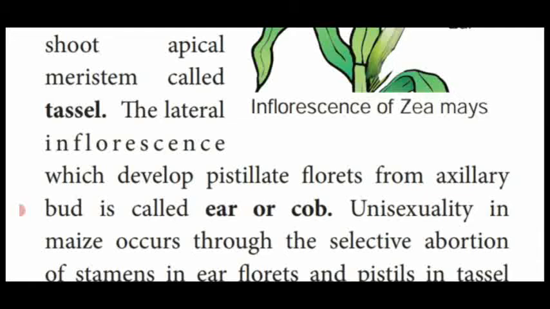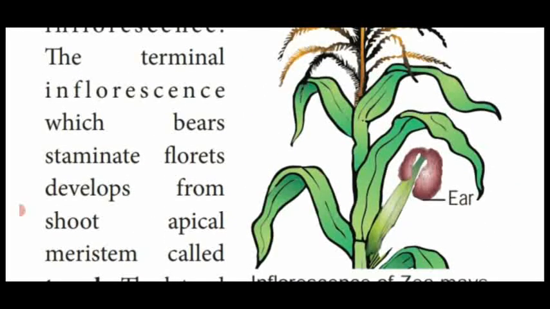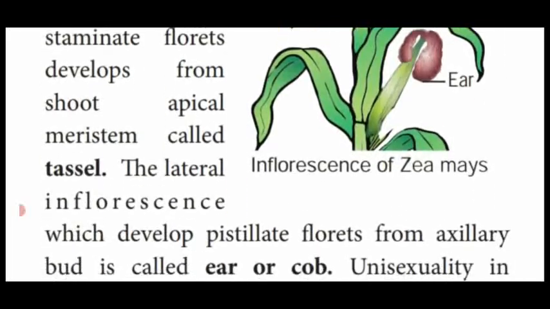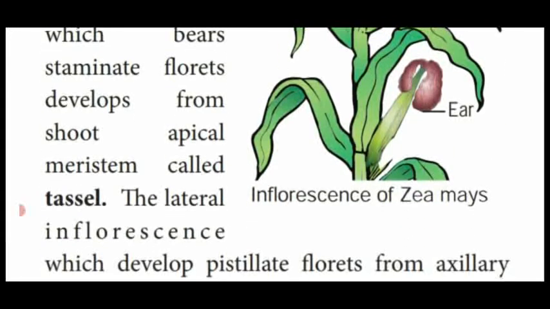Pistillate flowers means female flowers. So at the shoot tip, there is the male inflorescence with the staminate flowers at the terminal region of the shoot. But the female inflorescence is produced in the axillary region, the lateral position, named the ear or cob, producing pistillate flowers, that is female florets.